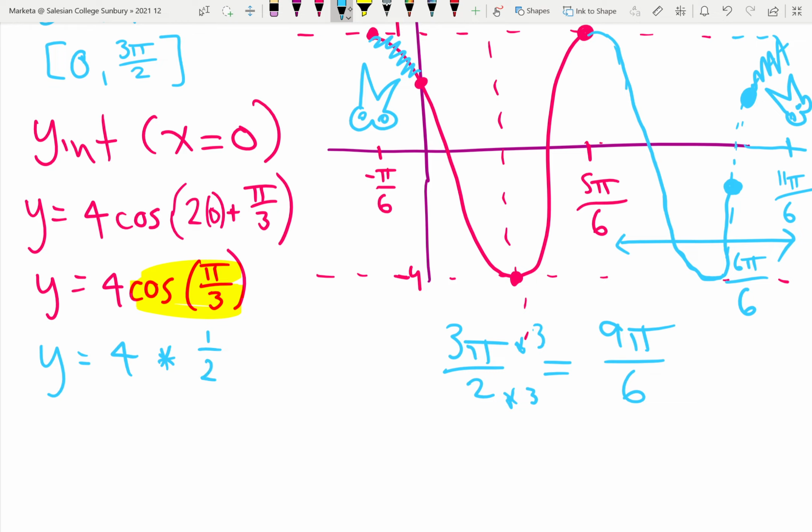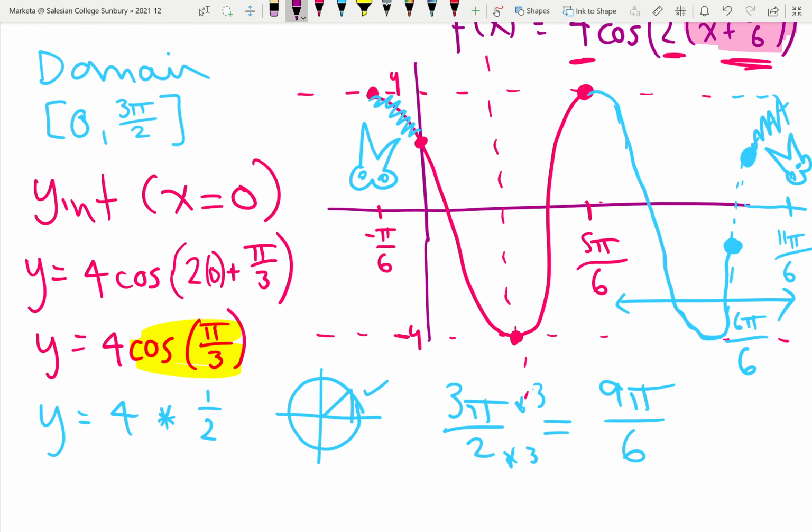And notice that cos of pi on 3 is in quadrant 1. So that's why we've got a positive half there, not negative half. And you can see anyway that your y-intercept is going to be on positive 2. So that's 0, 2.